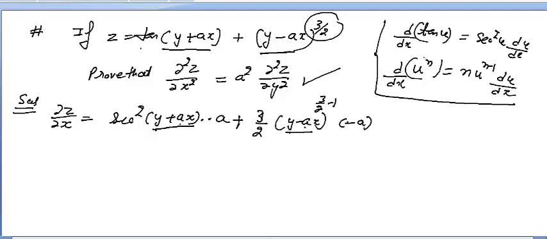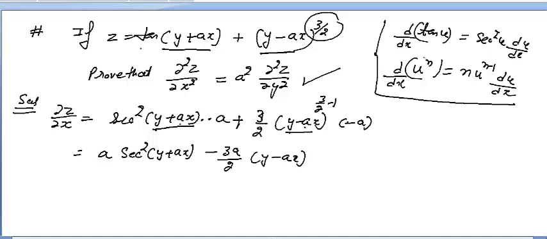So what you will get: a secant square y plus ax, plus this is minus a, minus 3a by 2, so y minus ax whole raised to power 3 by 2 minus 1, it is 1 by 2. This is the first derivative of z with respect to x.